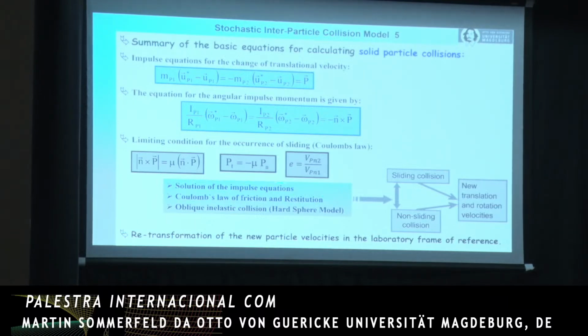You have some boundary conditions, which are Coulomb's law of friction and the restitution ratio, which is the loss in the normal component, and these are plugged into the equation, and you have a solution for two possibilities: the sliding collision and the rolling or non-sliding collision.